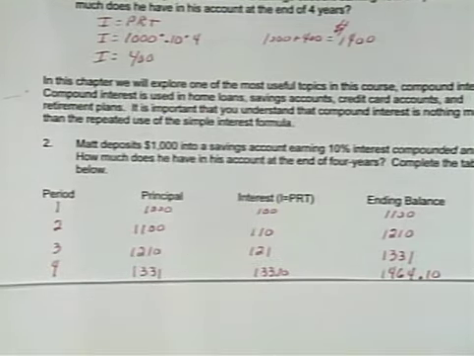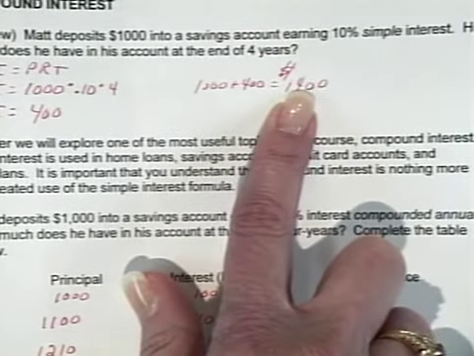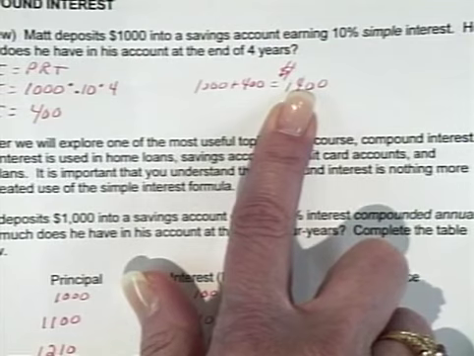At the end of the fourth year, Matt will have earned interest for that year alone of $133.10, giving him a balance of $1,464.10. Okay? Wow.